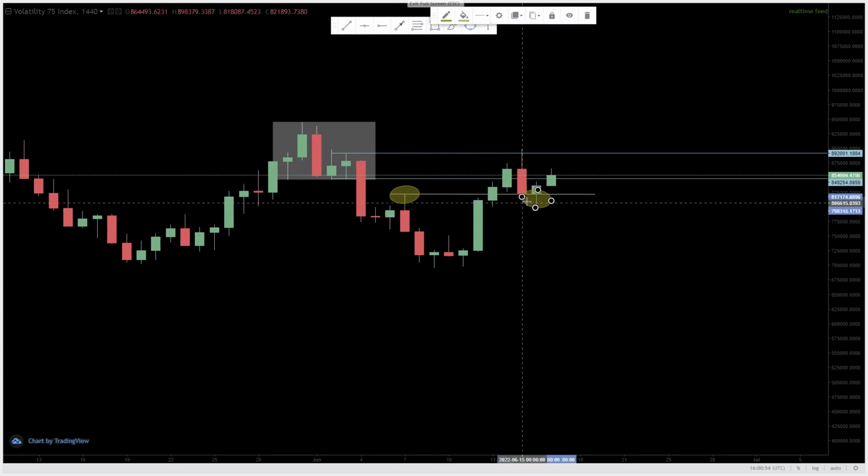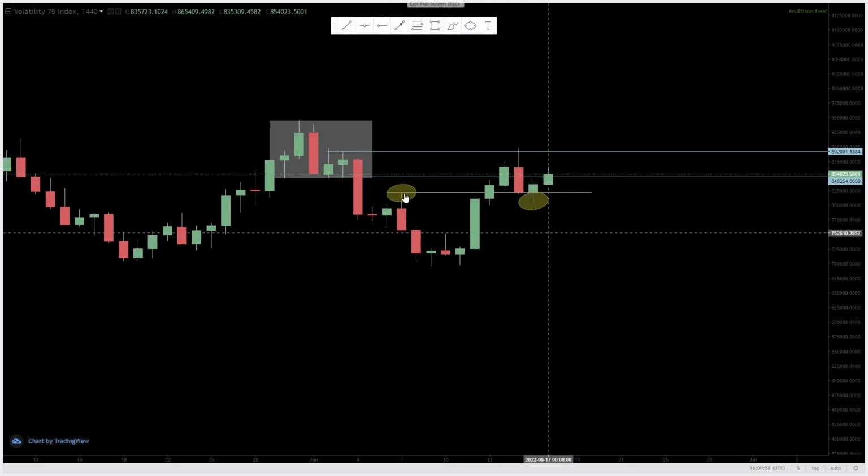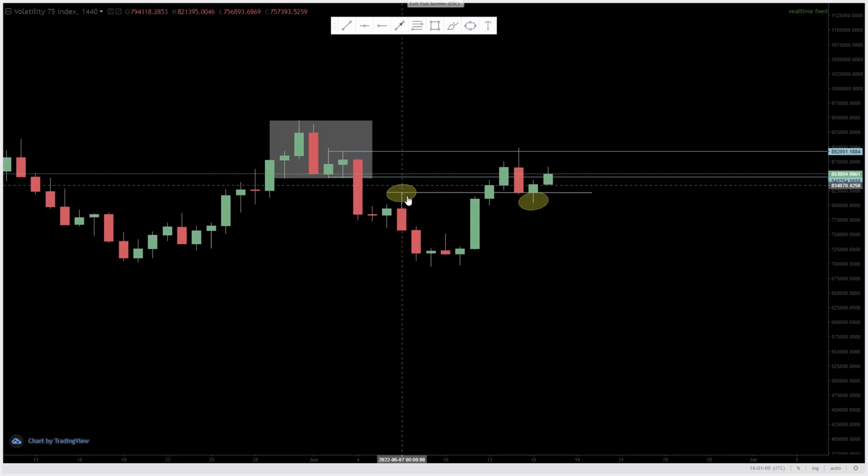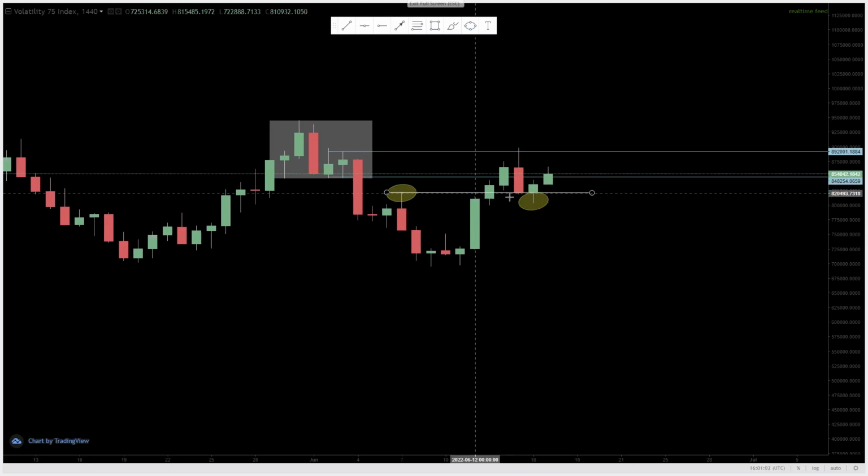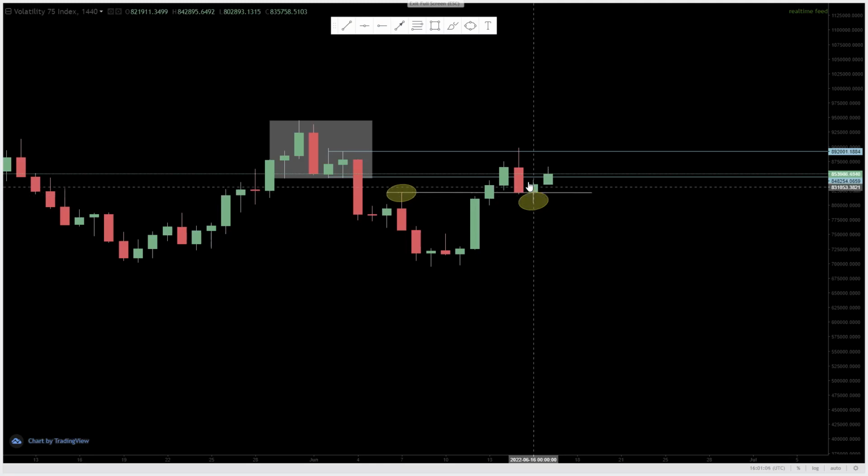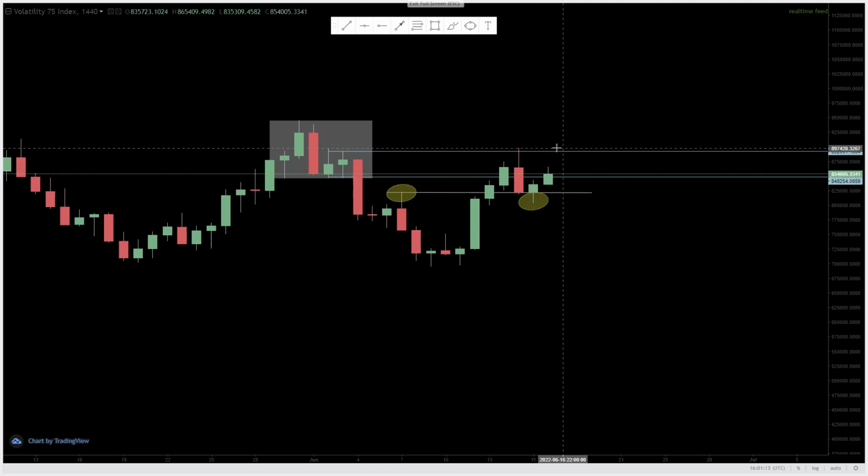And what was the reason? Why did these guys do this? They looked at this swing high, and it became a swing low, or demand. And that is where the market started pushing from.